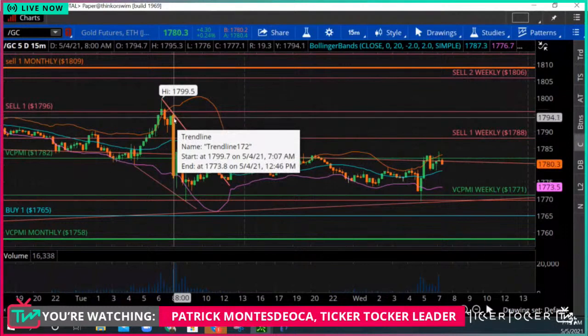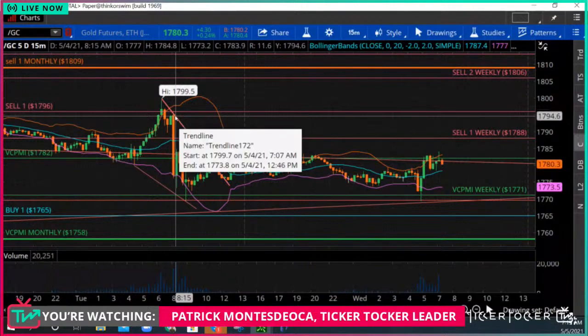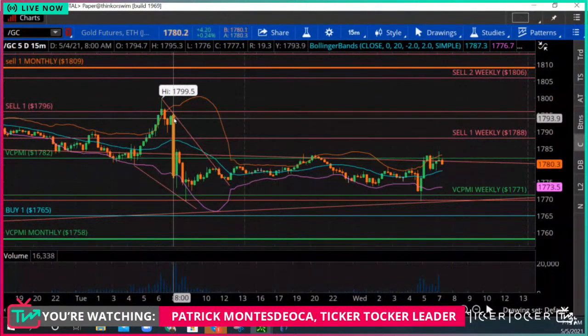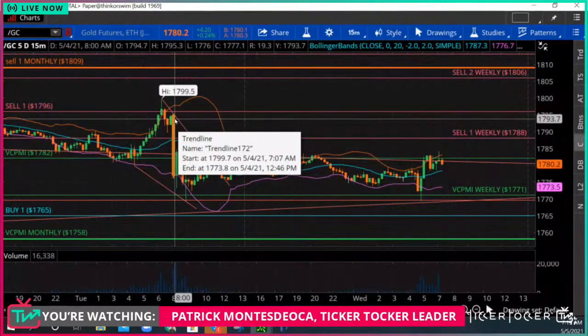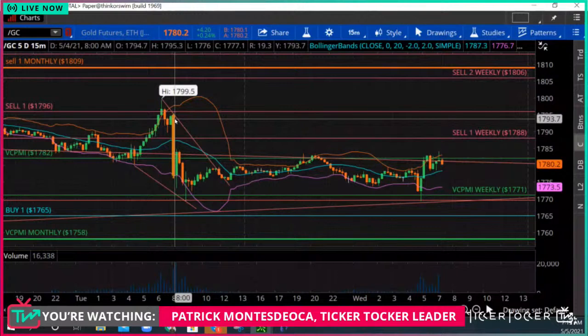And this is what I'm trying to point out to my traders in my Discord private trading room, that the less chatter, the less noise you hear or you allow to influence you, the more money you're going to make by using the VCPMI. The VCPMI is a prospective algorithm that is irrelevant of the fundamentals that get them there.